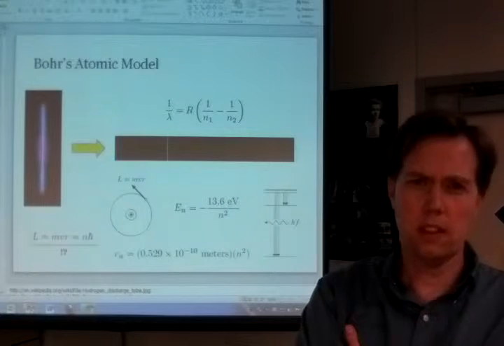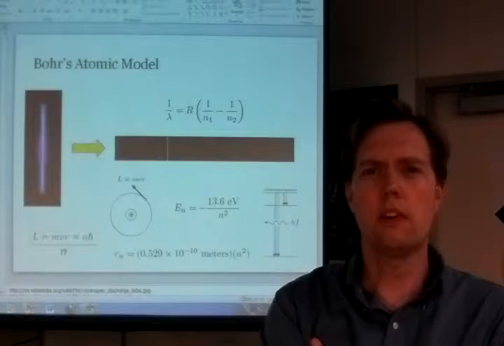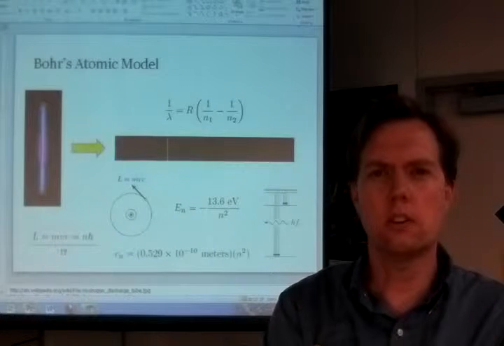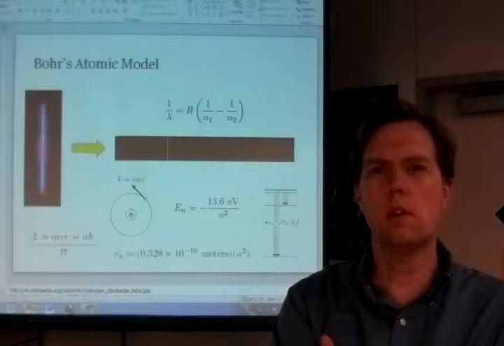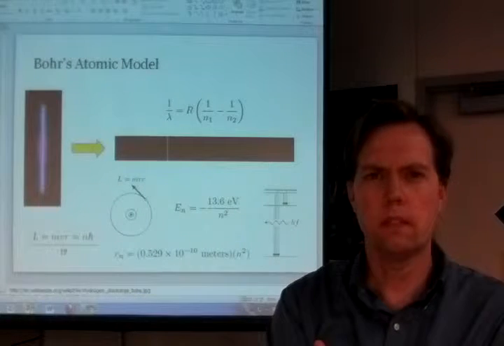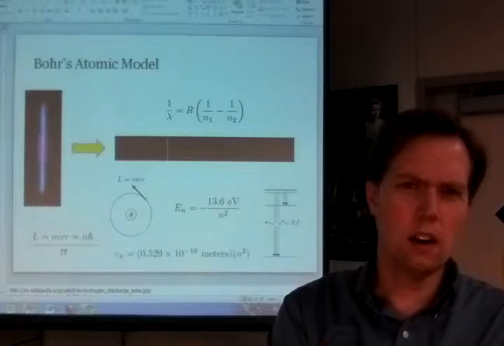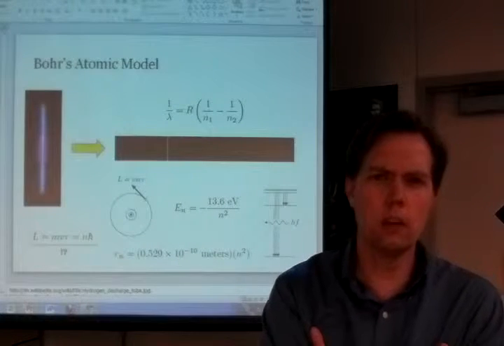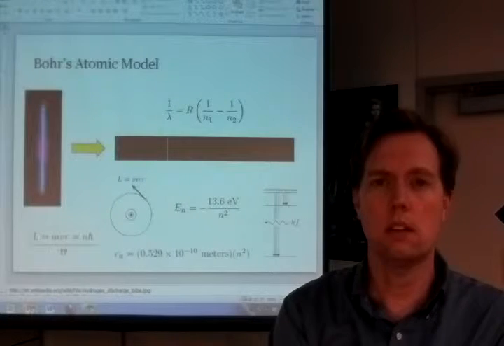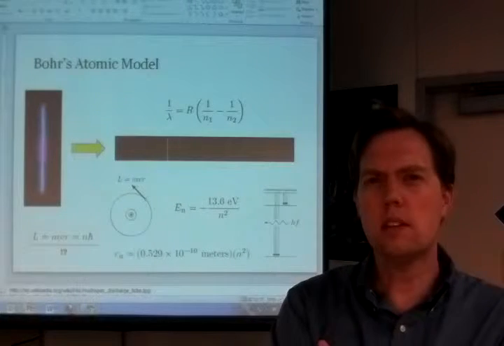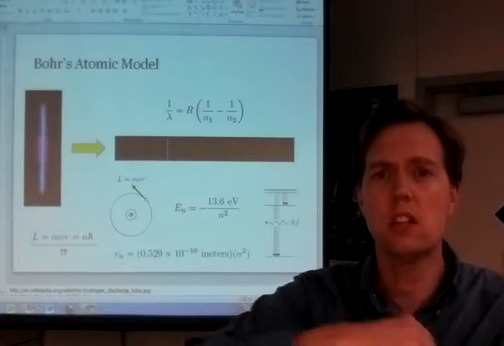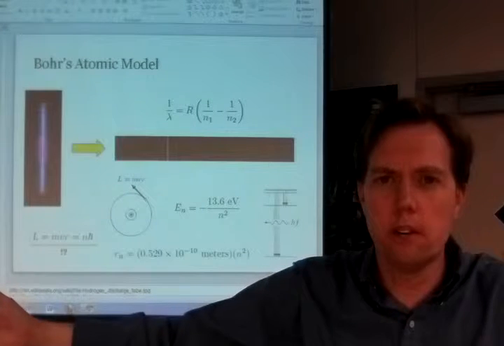The problem with this theory, which was immediately evident, is that if the electrons are moving in circles, then they must be experiencing some centripetal acceleration. But from electromagnetic theory, we know that when charges accelerate, they radiate. And so what that means is that the electrons in the atom must be constantly radiating electromagnetic energy.